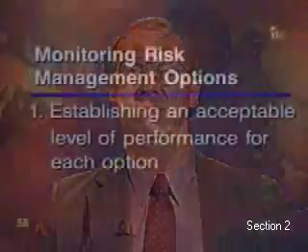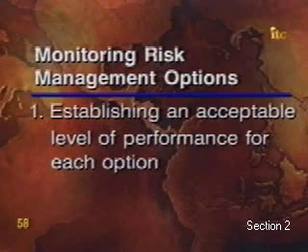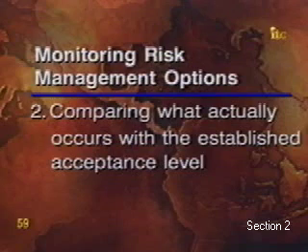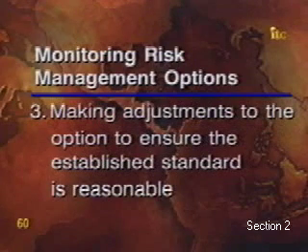Like the rest of the risk management process, there are a variety of ways to monitor an option for effectiveness. The basic formula includes establishing an acceptable level of performance for each option, comparing what actually occurs with the established acceptable level, and making adjustments to the option to ensure the established standard is reasonable.